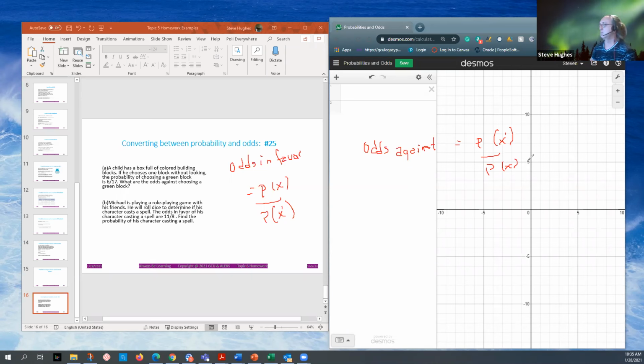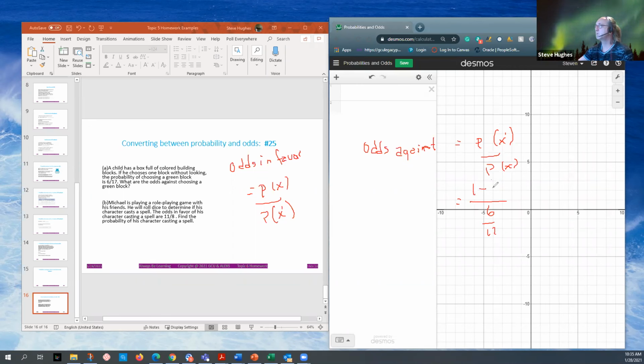All right, so over here we want to find the odds against. The probability that the child draws a green block is in the denominator, that is 6/17. What's the probability they do not draw a green block?